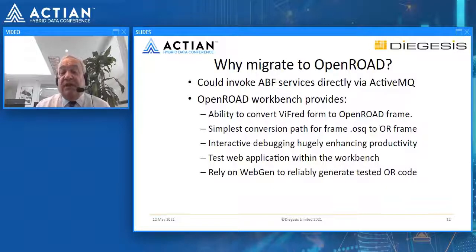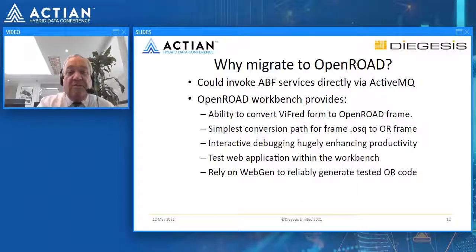All the stuff that is in the VIFRED form, all the checking of variables, all the definitions of field values, all the masks, all of that you get in your OpenROAD application sucked in through the Actian tooling.